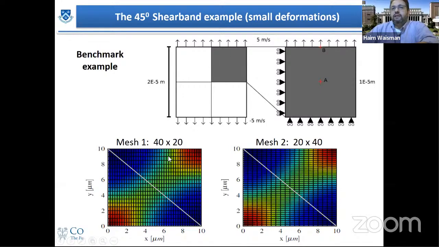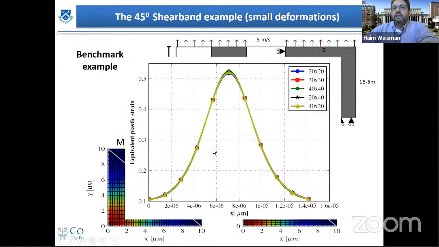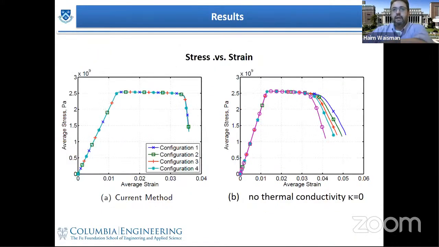If we take different meshes, one mesh stretched in this direction, the other stretched in the other direction, and we plot what is happening along the diagonal, we will see that no matter what mesh you're using, the equivalent plastic strain exactly falls on the same curves. So basically, this is a proof that the problem is mesh independent, which is important.